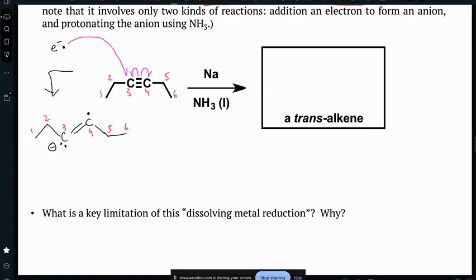Well, that anion is going to be particularly basic now, and it is going to go and grab itself a hydrogen from our solvent, which in this case is ammonia. So that is a regular two-electron step.